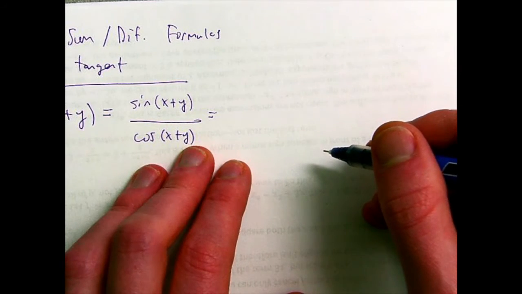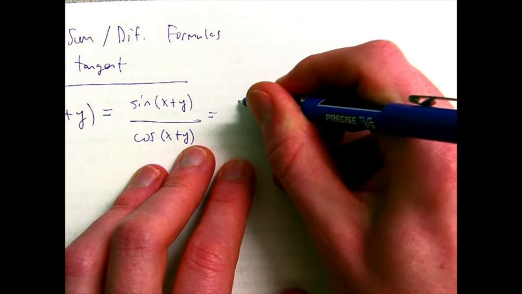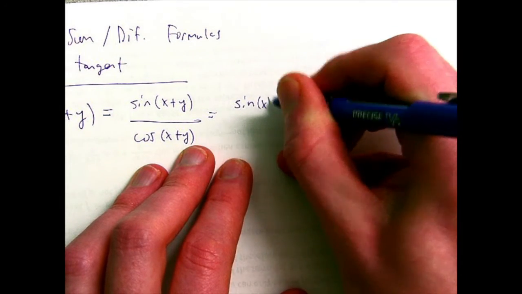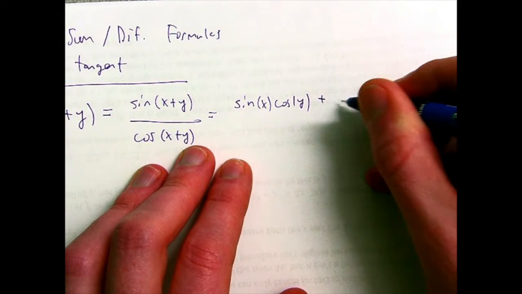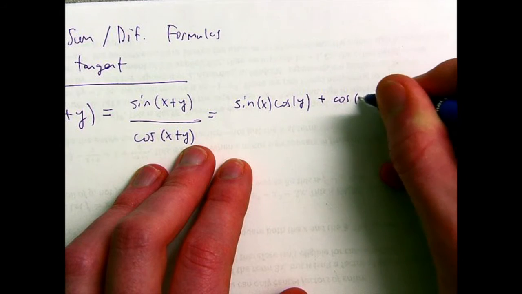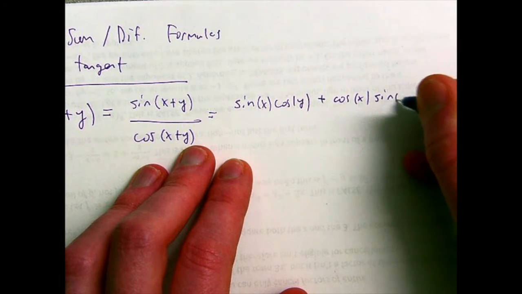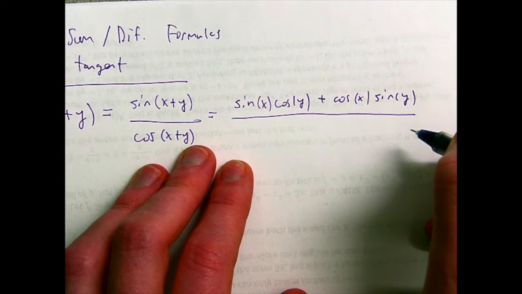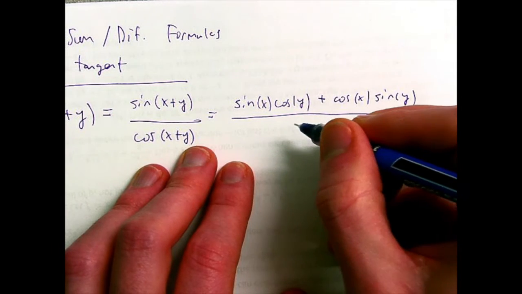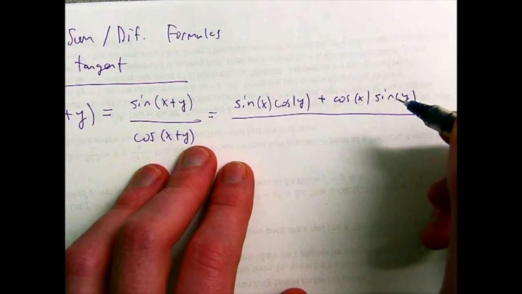So what is the sine of x plus y? It would be the sine of x times the cosine of y plus the cosine of x times the sine of y. All right, and what is the formula for cosine of x plus y?